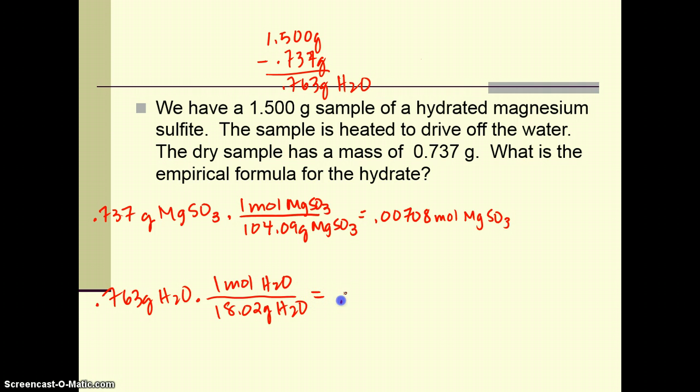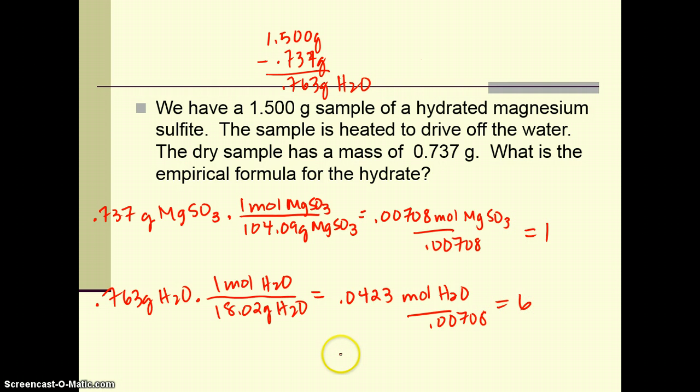And I end up with 0.0423 moles of H2O. I divide through by the 0.00708, 0.00708. That one obviously is 1, and that one is 6. So I have MgSO3 dot 6H2O. I hope you've gotten both of those examples down.